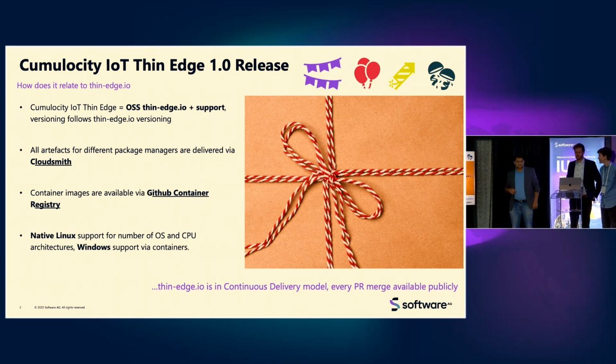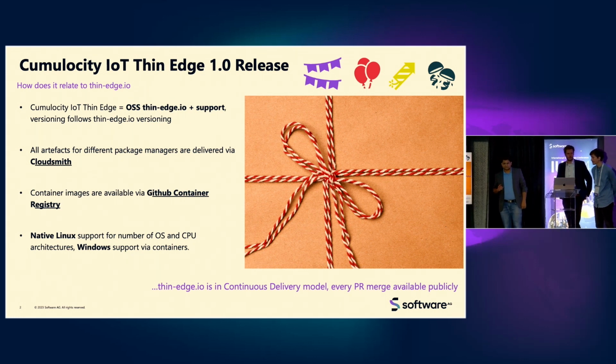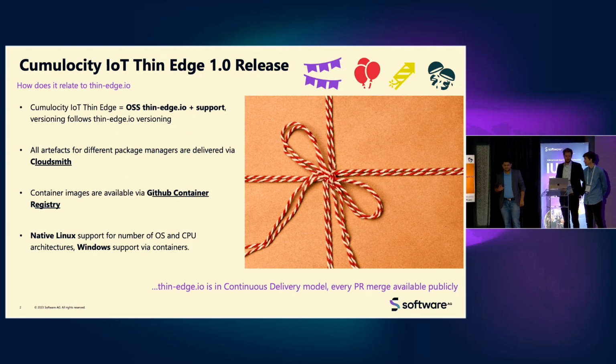All the artifacts related to ThinEdge IO are available in the Cloudsmith repository, and the container images are also available at GitHub Container Registry. We have native Linux support, so various flavors of Linux operating systems across multiple CPU architectures are supported.